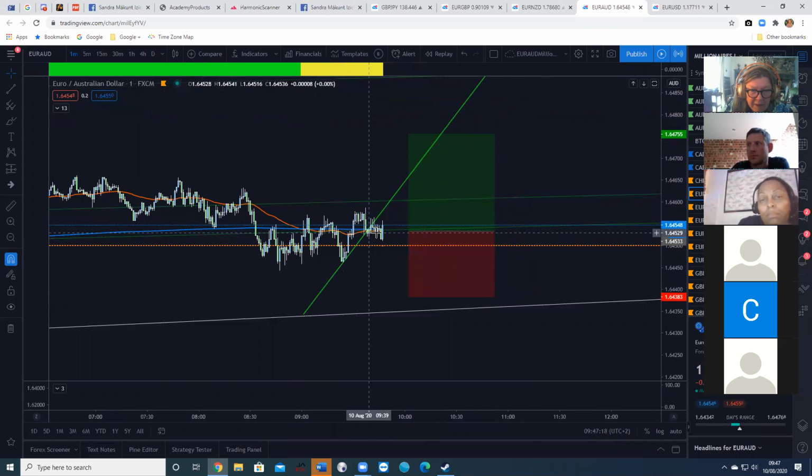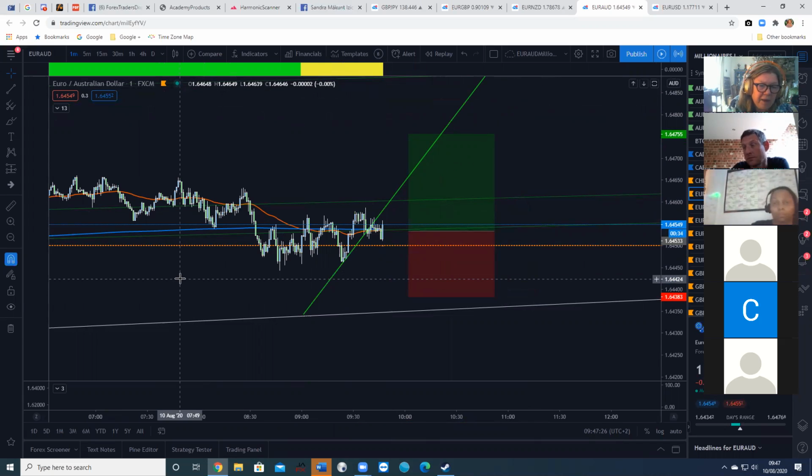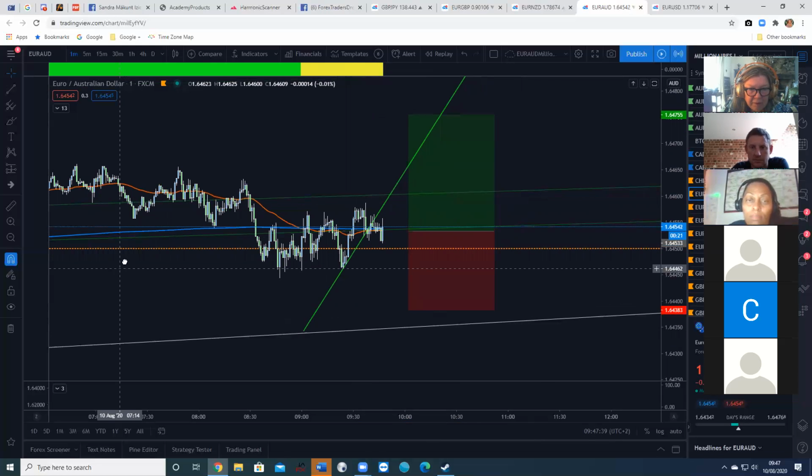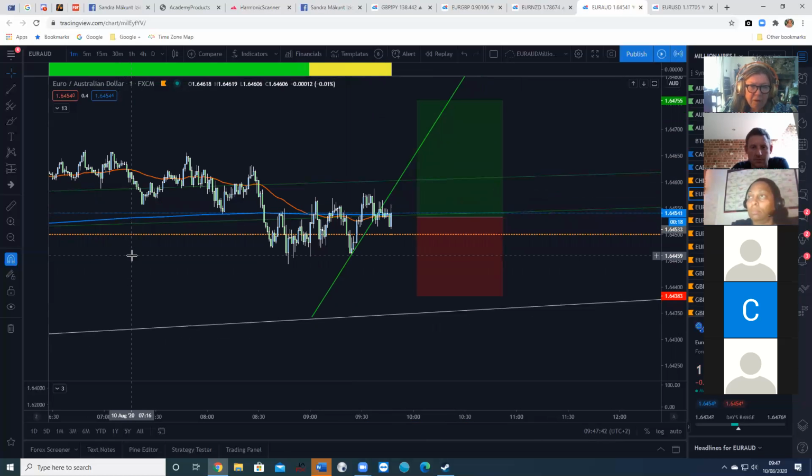It's still snaking along, so I wouldn't jump the gun just yet, because sometimes these lines can just snake around and turn. And the Euro GBP was selling, remember. So that orange line is still parallel to the blue line, and the orange line is our current momentum in the market, and it's flatlining. It's not turned up for the buy yet.